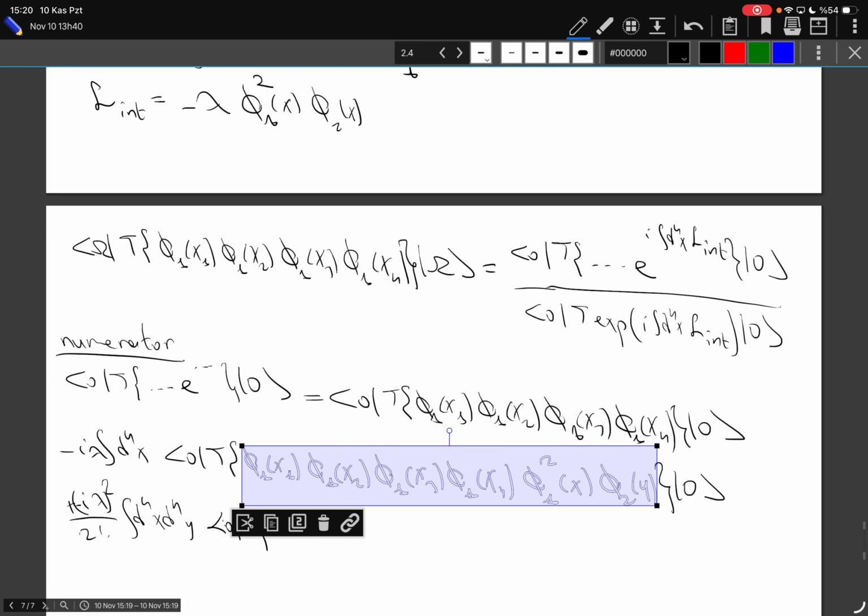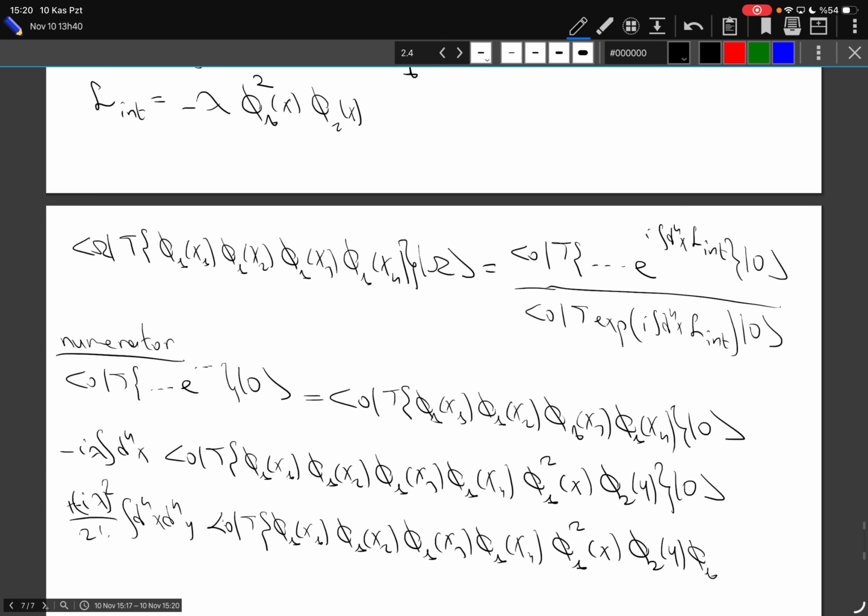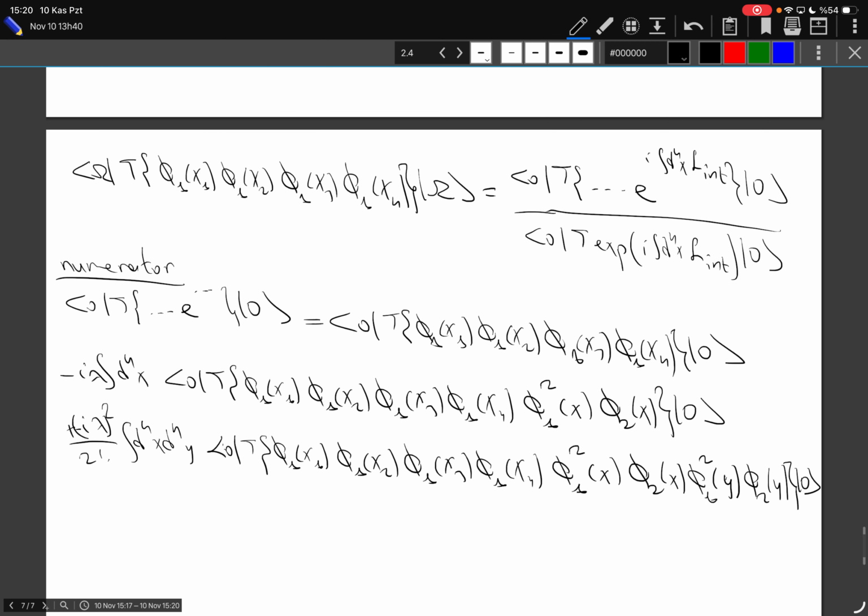Let me be a bit lazy: phi 1, no, sorry, this is also x. Phi 1 squared of y, phi 2 of y. Well, we had already looked at the first one.